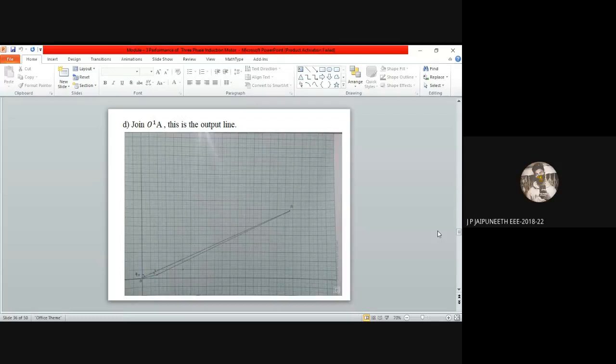Now join O dash A. Once you join O dash A, it gives the output line. Completed?